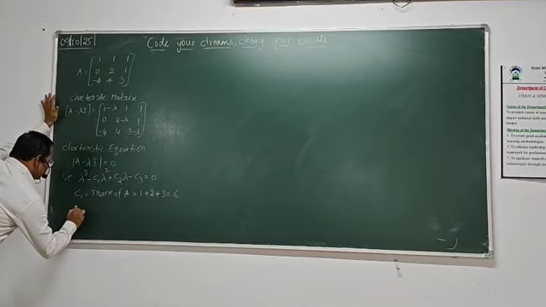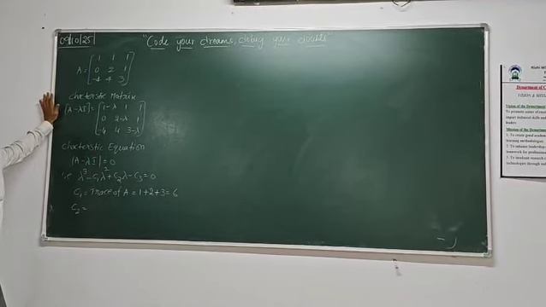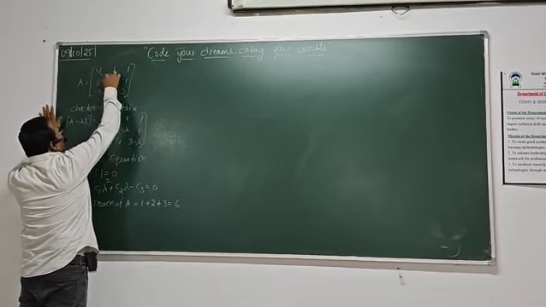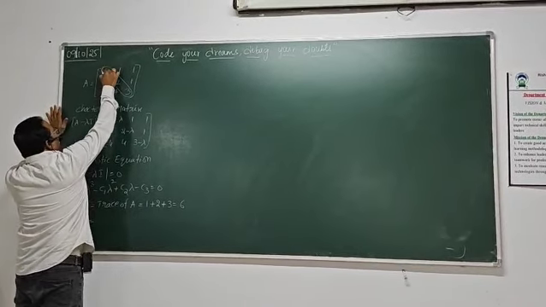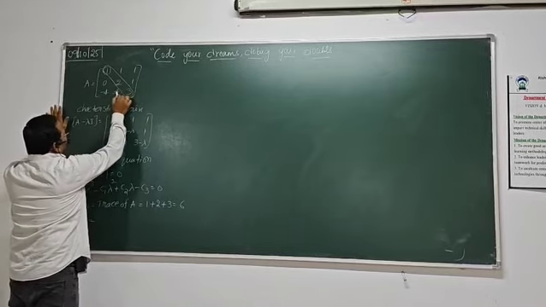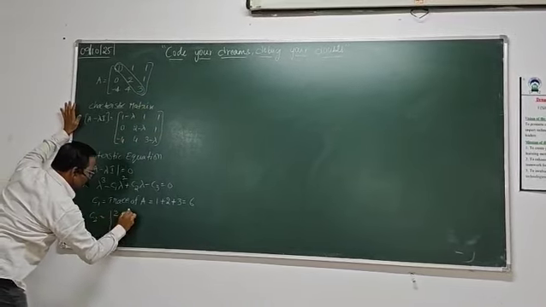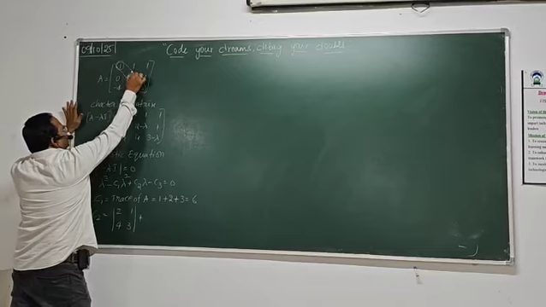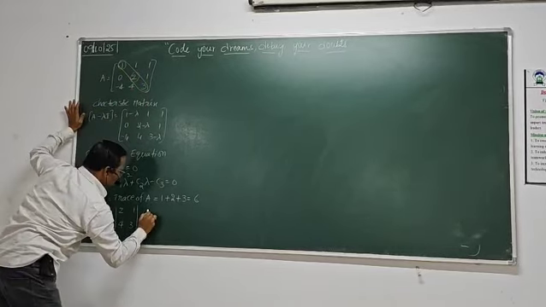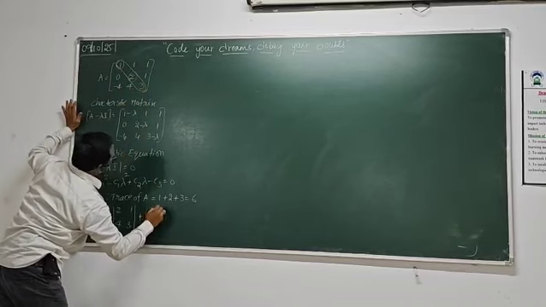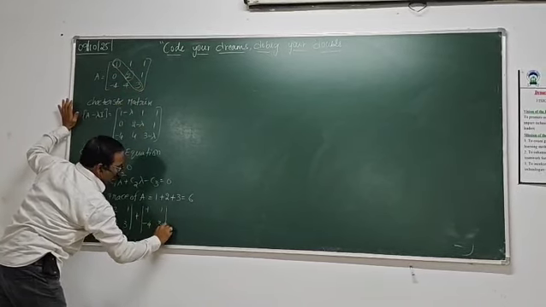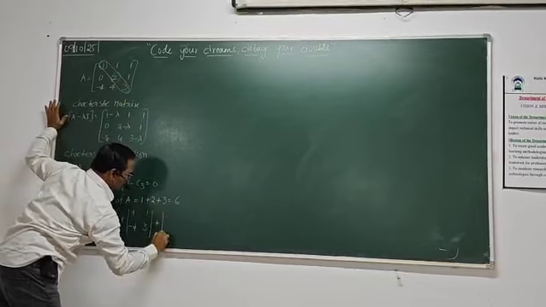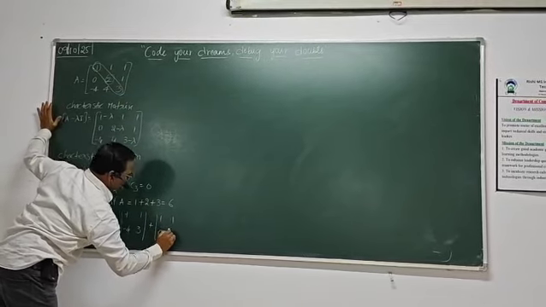And then find C2, which equals the sum of the minors of the leading diagonal elements. Here the diagonal elements are 1, 2, 3. The minor of the first diagonal element 1 equals the determinant of 2, 1, 4, 3. The minor of the second element is the determinant of 1, 1, minus 4, 3, and the minor of the element 3 equals the determinant of 1, 1, 0, 2.